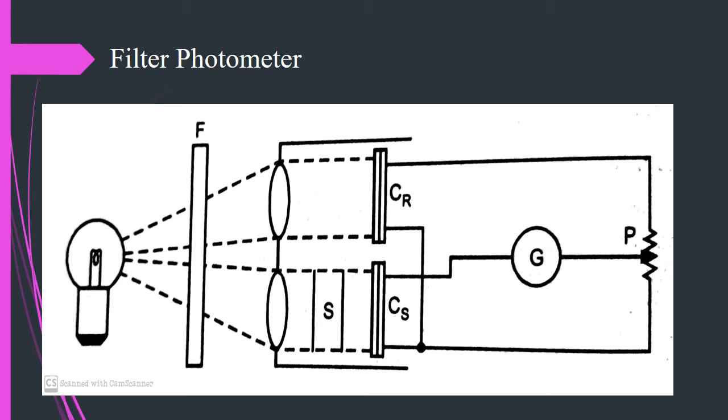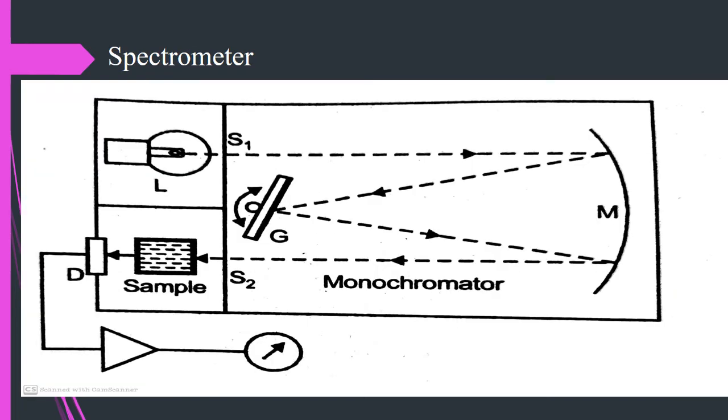We can determine the concentration of the given substance in the sample. Generally, the potentiometer is calibrated in terms of concentration in a direct method using a standard with known concentration of the given substance.